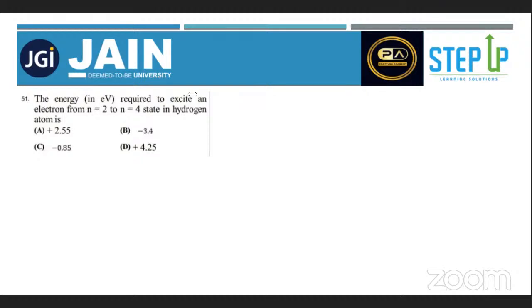Okay, option is A. Let's see. We need to find out the energy if it is moving from 2 to 4. I can directly find it as E4 minus E2, where E is equal to 13.6 over n square, that is here 2 square, and here 4 square.